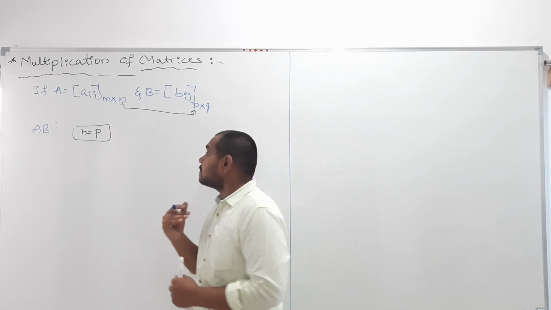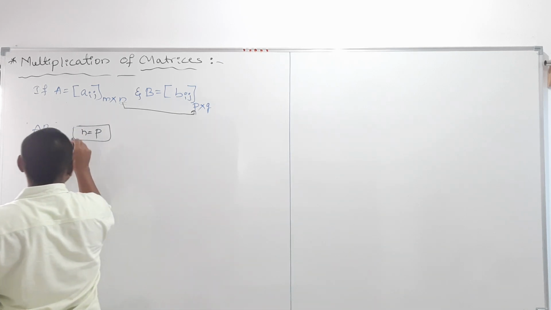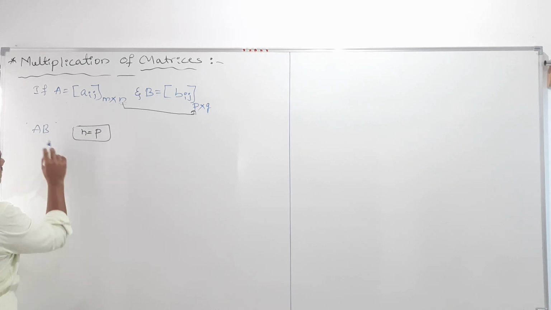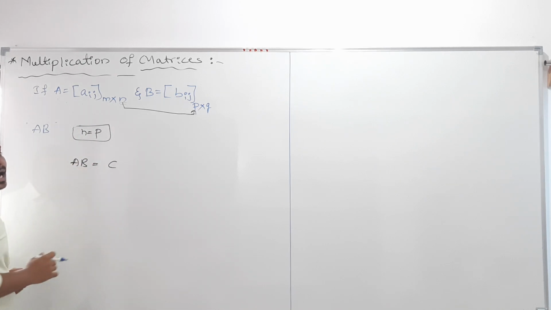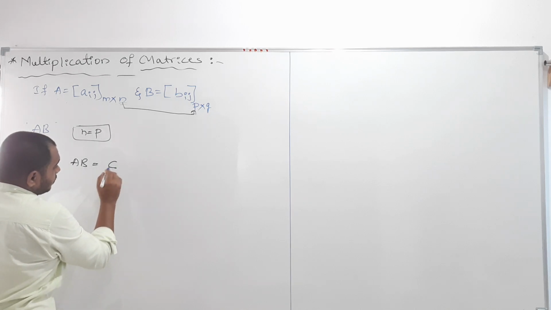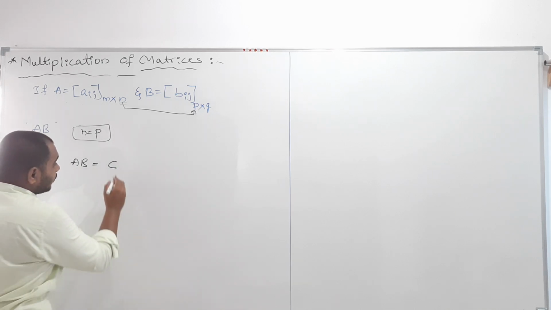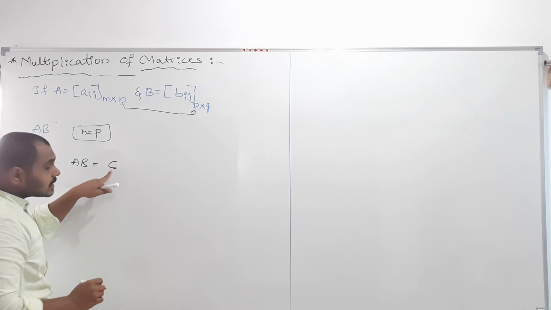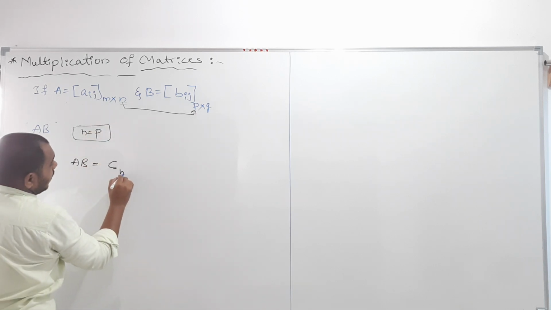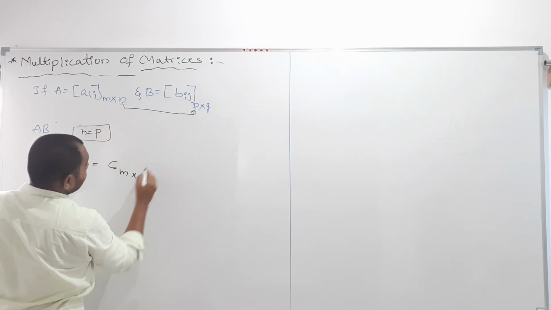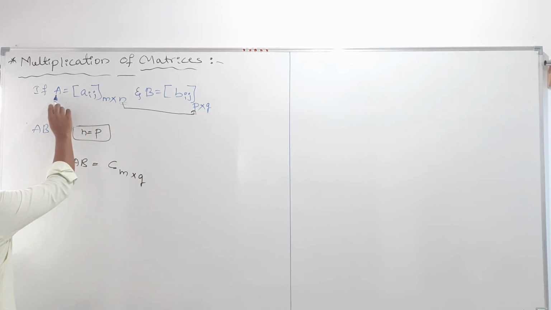After multiplying A and B, whatever answer I get, I call it C. This matrix will always be of order m cross q.